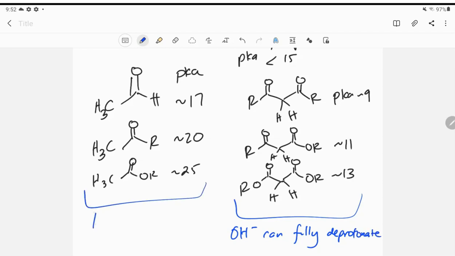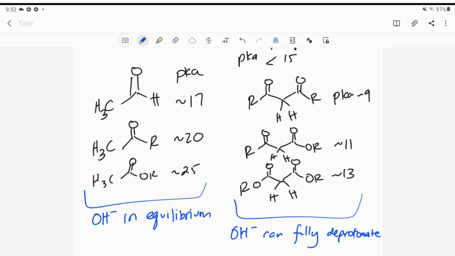And hydroxide here, I wouldn't even use it with the ester. Instead, you're going to probably just hydrolyze the ester. But we would probably have an equilibrium going on here. And so if we want to remove the protons, it's important that we choose our base wisely.